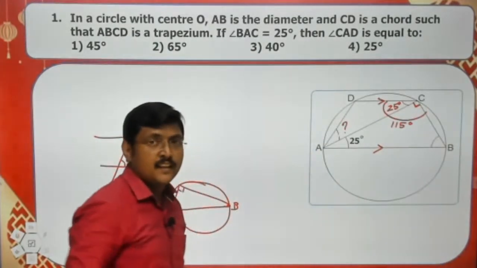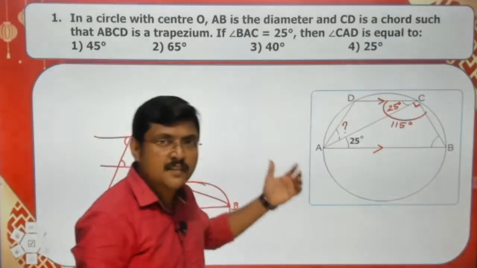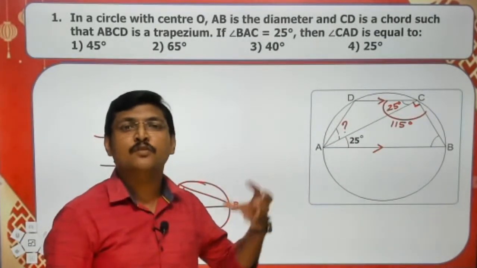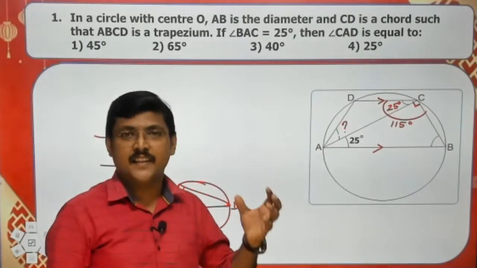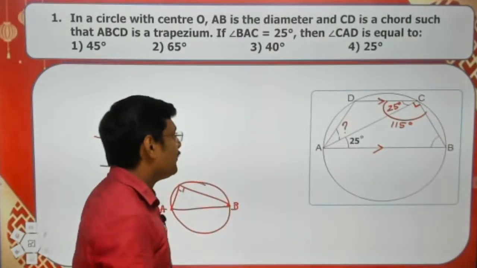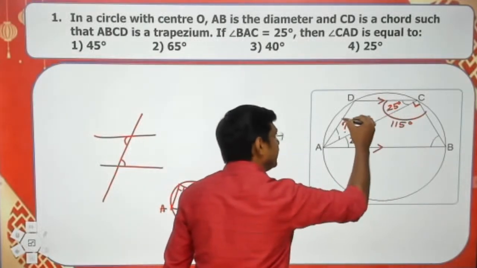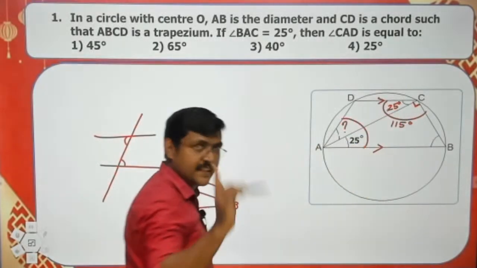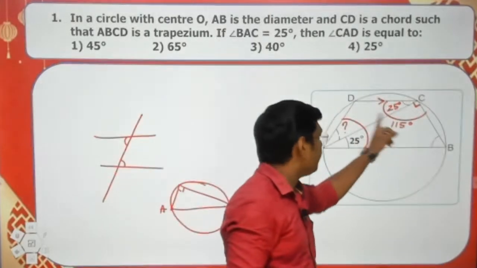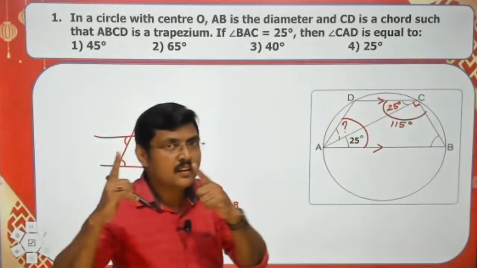As I said earlier, since the trapezium is a cyclic quadrilateral, the sum of the opposite angles is 180 degrees, or supplementary, right? So here, if this is 115 degrees, 115 plus something will give 180 degrees.